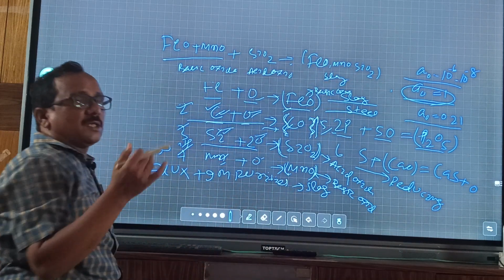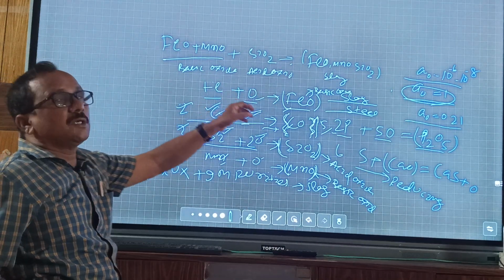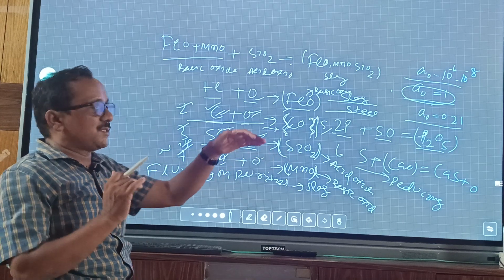So during the initial stage, this slag is formed and removed with the manganese oxide and silicon. All the impurities are removed in the first stage.